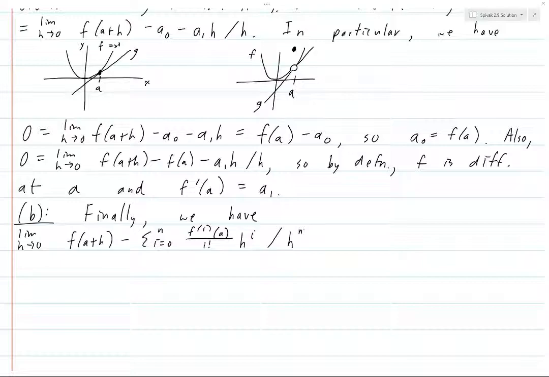So I think it's a little weird. Anyways, we're taking this limit. This limit needs to be 0 for f and g to be equal up to nth order.